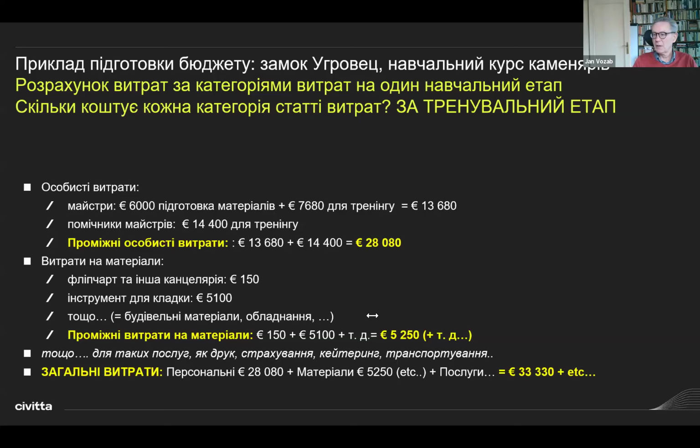And the same you calculate for the services such as printing, because people will be actually working on the construction site. You have to insure the trainees so that in case some injury occurs, they are insured.